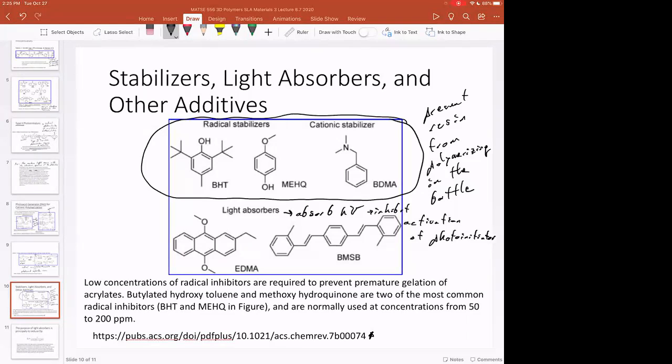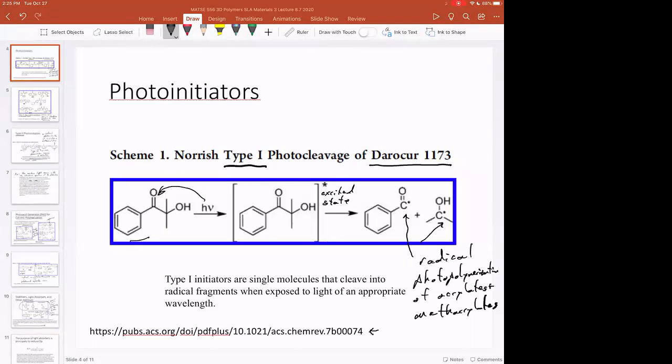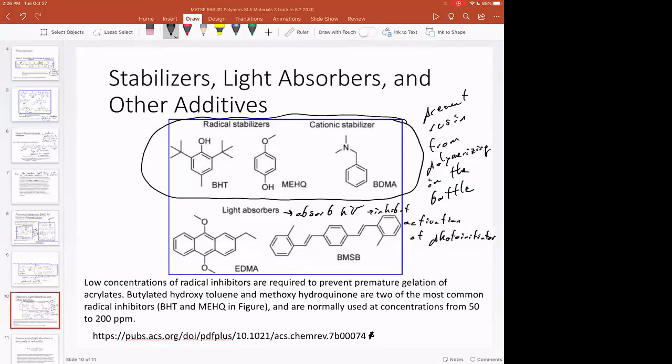I'm trying to do a photopolymerization. So when I send in light, I really want light to cause this reaction. But I'm going to add some inhibitor in order to prevent too much light from being absorbed in any one area or in any one photopolymerization event.